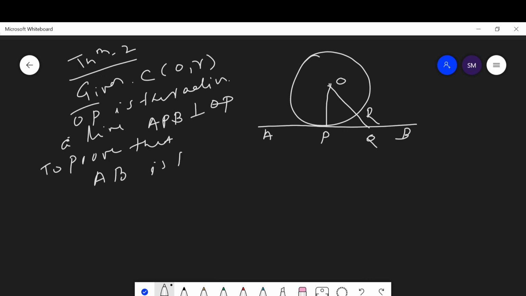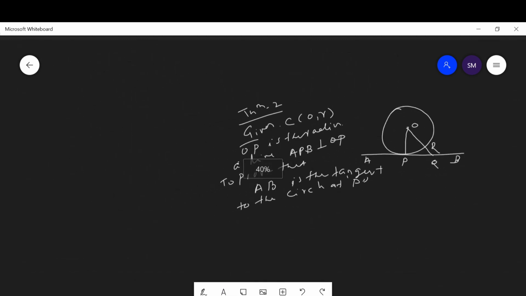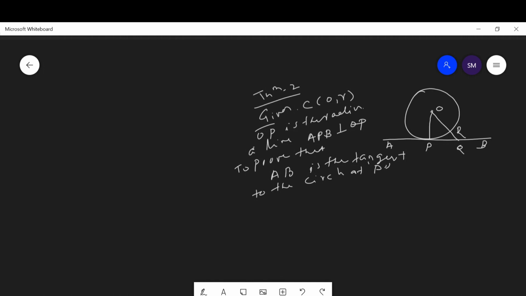Okay, then let us prove. Then take a point Q on the line AB which is different from P and join OQ.